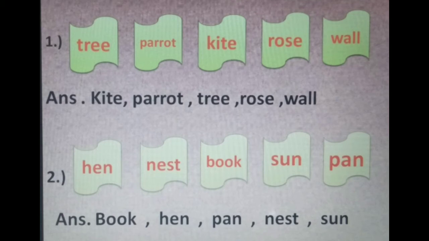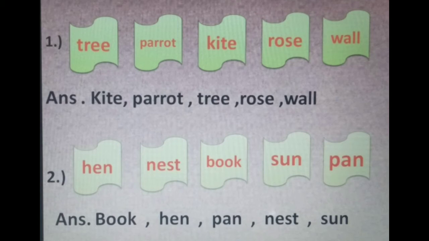Now, let us see the third word. Again, we have to recall ABCD. A, B, C, D, E, F, G, H, I, J, K, L, M, N, O, P, Q, R, S, T. Yes, the third word is tree.